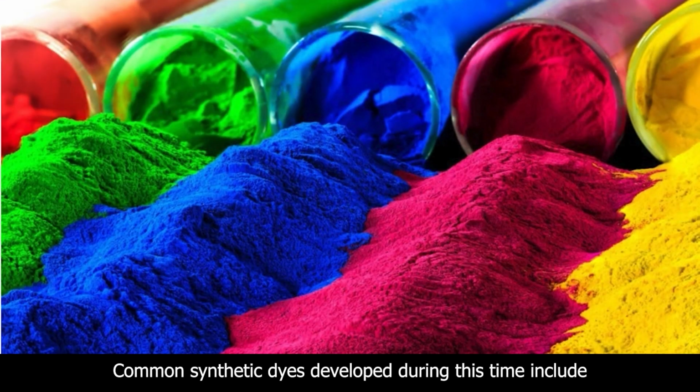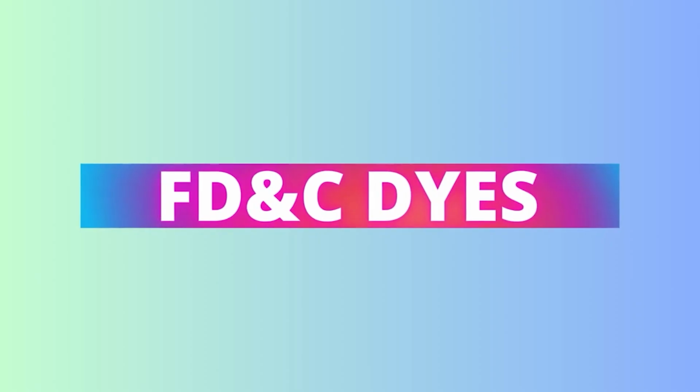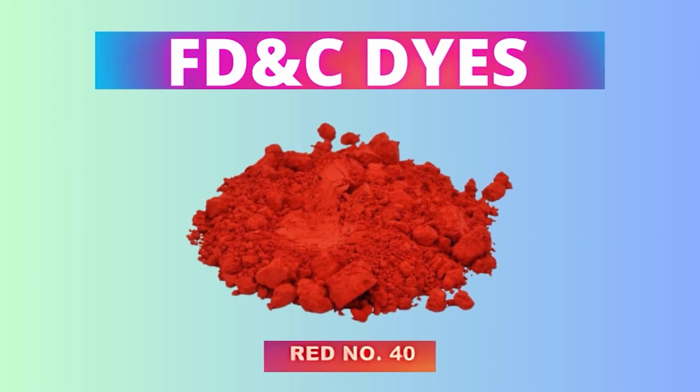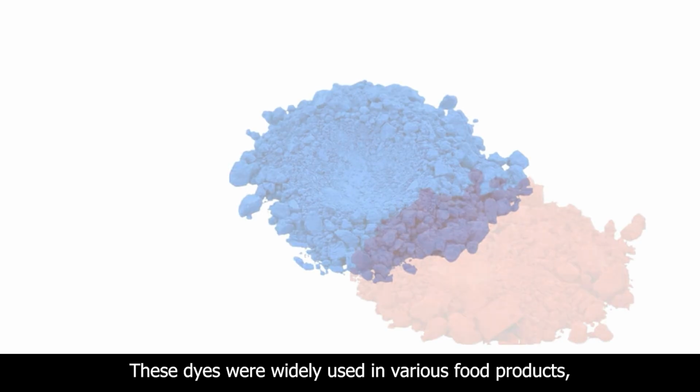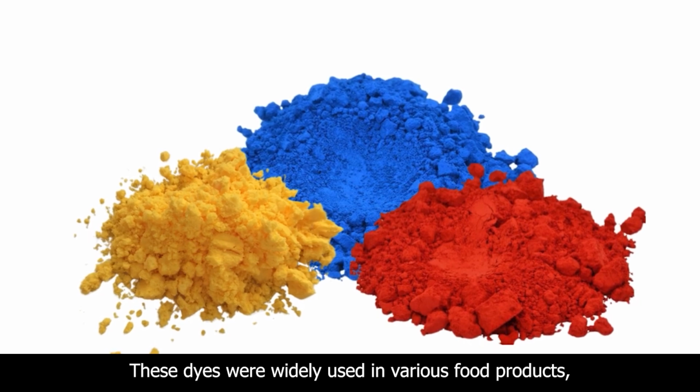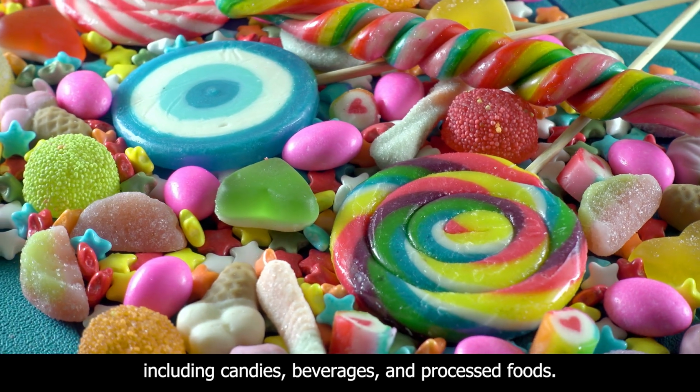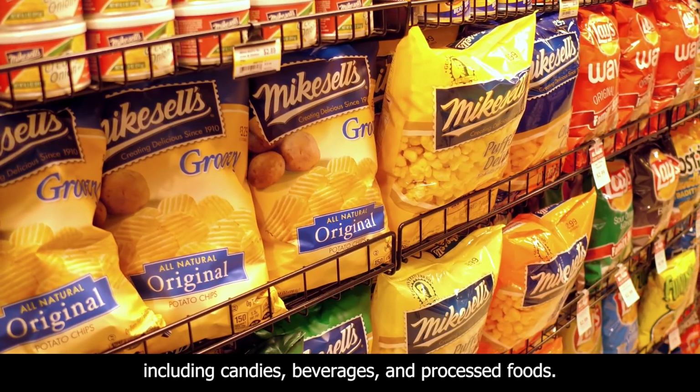Common synthetic dyes developed during this time include FD&C Red No. 40, Yellow No. 5, and Blue No. 1. These dyes were widely used in various food products, including candies, beverages, and processed foods.